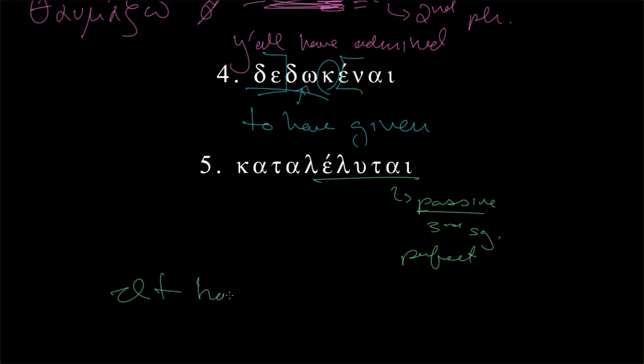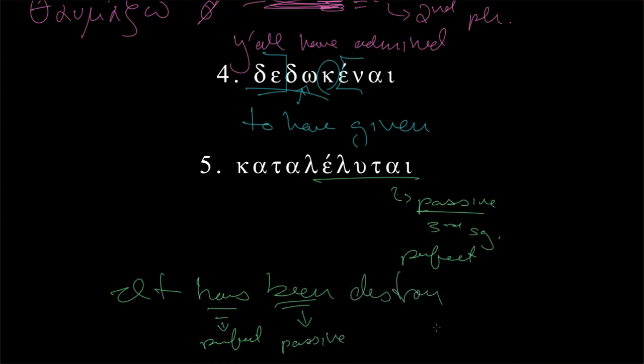It has been, so has showing that we're in the perfect system here. Been, because we're showing that this is passive, we're going to use a form of the verb to be. It has been destroyed. That's what katalelutai means. So it could be he or she has been destroyed, but it has been destroyed is just a great way to translate this, katalelutai.